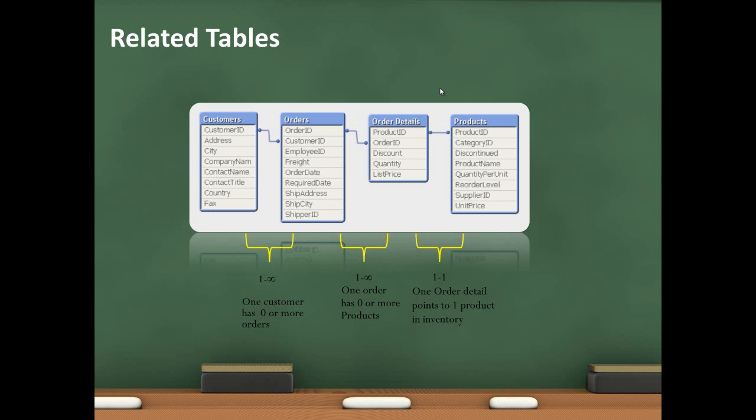So that would be a one-to-many relationship. I would expect to get back from orders either zero or an infinite number, which means later in my program I have to loop through those. I'm going to have to grab one at a time until I run out of records. So it's how I program it. Now let's take a look at orders to order details.